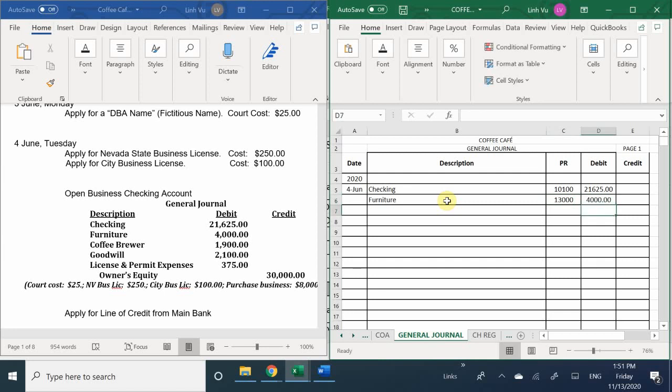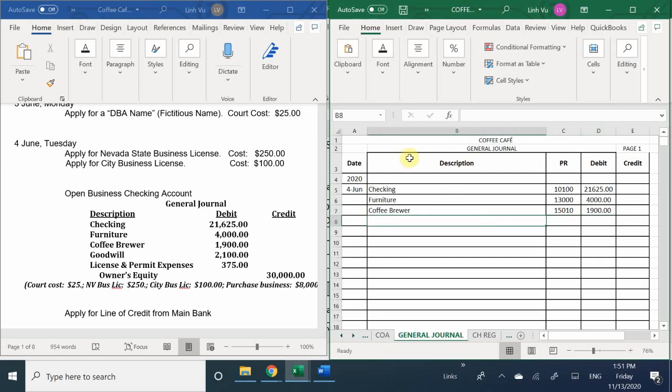Now the next thing I bought was a coffee brewer, which we did see, which was account number 15010, I believe. And how much did we buy that for? 1,900. Okay.